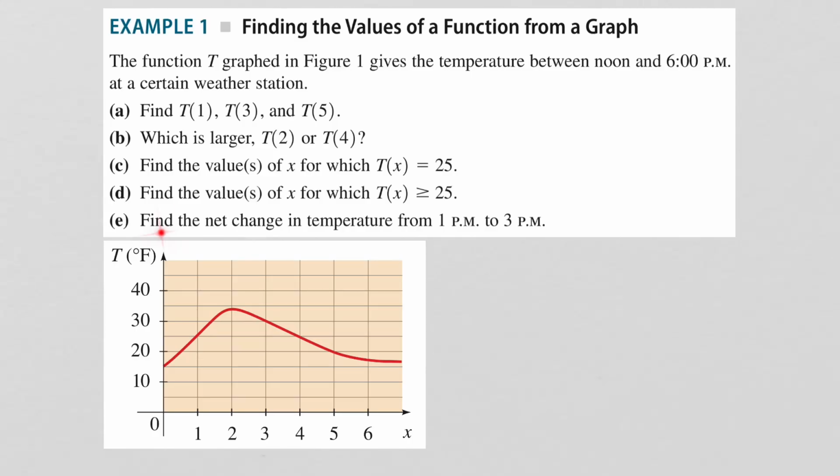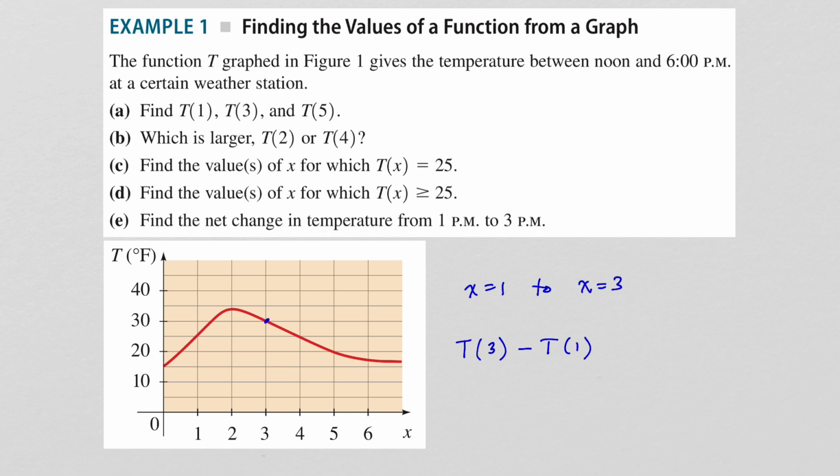And finally, find the net change in the temperature from 1 p.m. to 3 p.m. So what we're doing here is we're finding the net change from x equals 1 to x equals 3. And remember, the net change says you take the function value at the second x value minus the function value at the first x value.